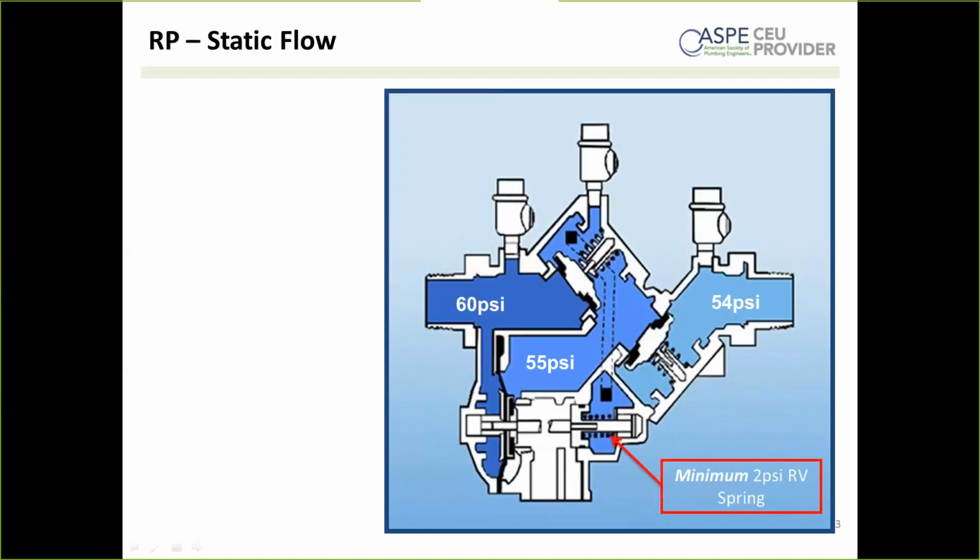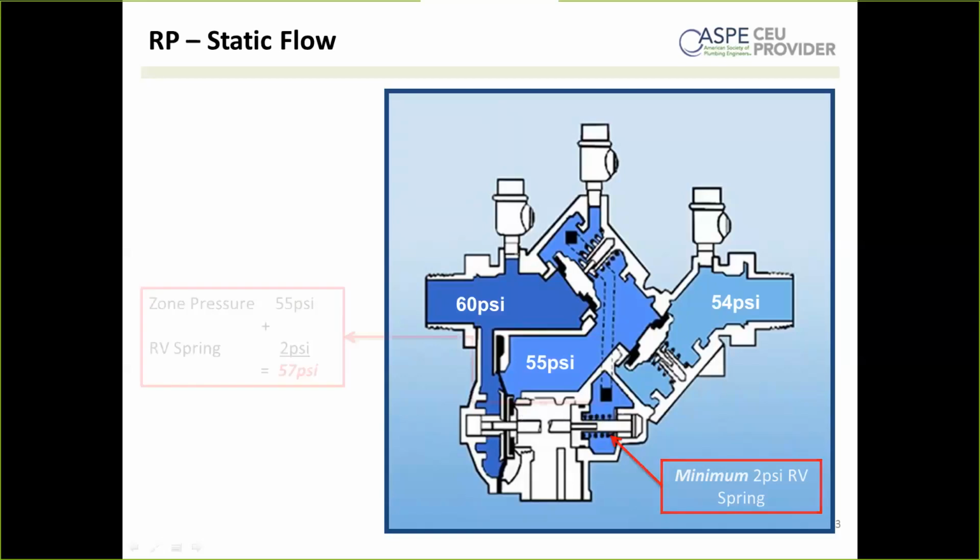Now, earlier I mentioned that this is a differential pressure relief valve. This is because its opening point is being driven by the differential pressure between the upstream or supply pressure, in this case 60 psi, and the zone pressure, 55 psi. So if you look down here, we have a diaphragm that's acting on this rod. On one side, you have supply pressure. And on the other side, you have the zone pressure, which is being helped by that 2 psi spring.